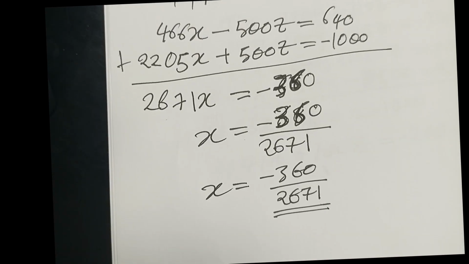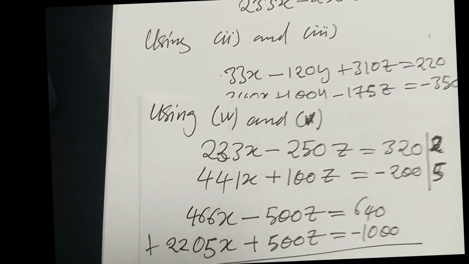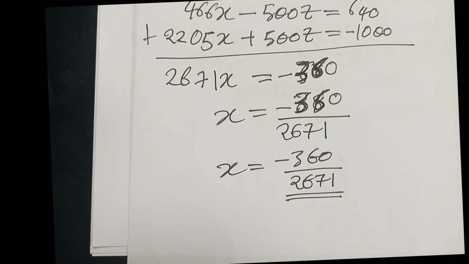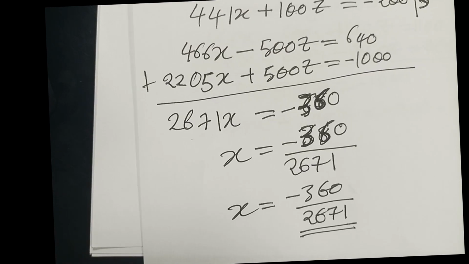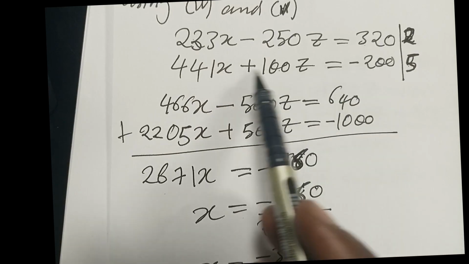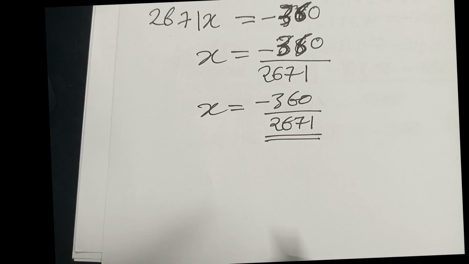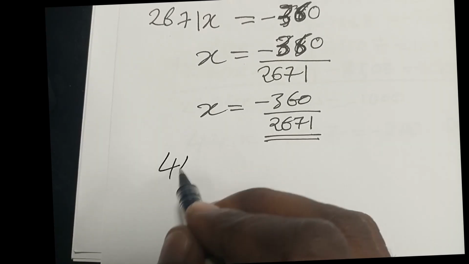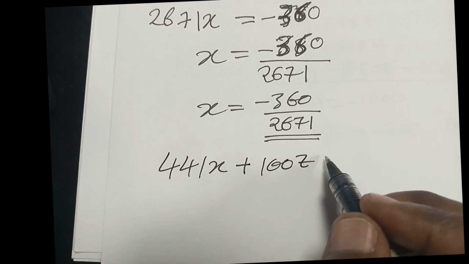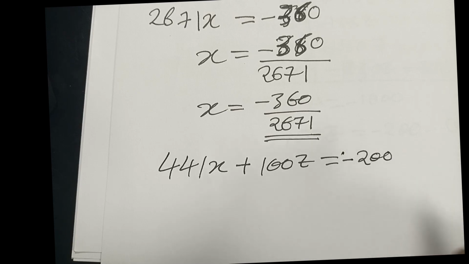So now you can pick any of the equations to solve for the z value. So we're going to pick equation number 5 to solve for z, since we already have x now. So we're going to pick 441x plus 100z is equal to negative 200.